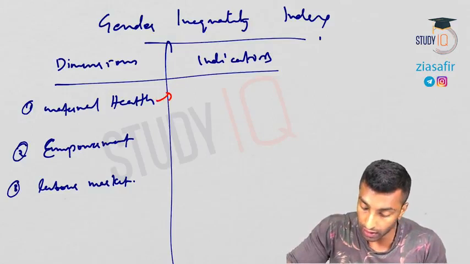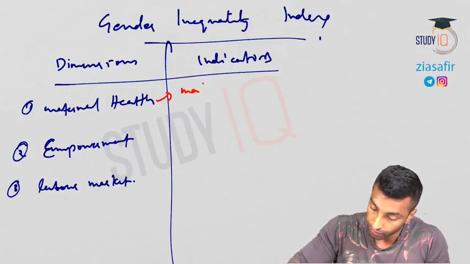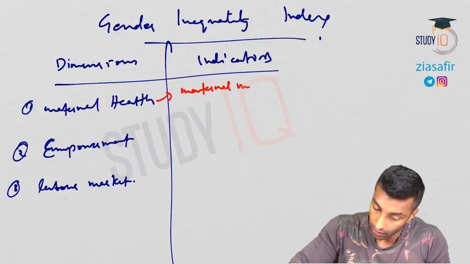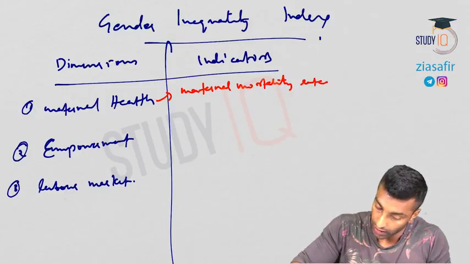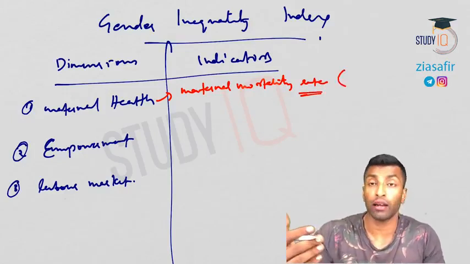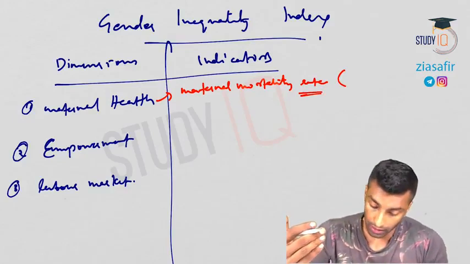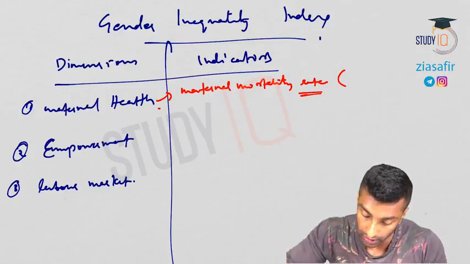The first one, in maternal health, is maternal mortality ratio, maternal mortality rate. You already know this, we have done this discussion. Out of 1 lakh live births, how many mothers or women are expected to die? That is maternal mortality rate.